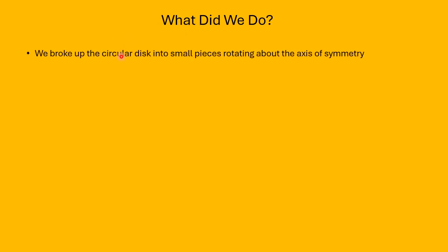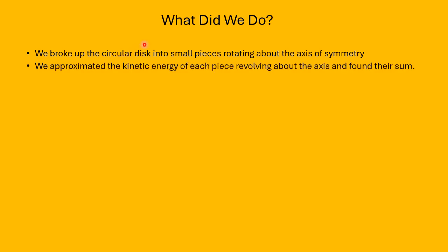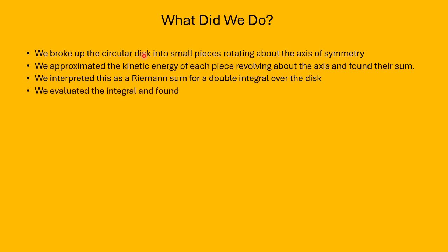So, what have we done? We broke up the circular disk into small pieces rotating about the axis of symmetry. We approximated the kinetic energy of each piece revolving around the axis, whatever angular speed it has, and found the sum of those kinetic energies that approximates the total kinetic energy of the disk. We interpreted this sum as a Riemann sum for a double integral over the disk. We evaluated that integral and found that the total disk rotational kinetic energy was 1/4 omega squared times the mass times the radius squared.